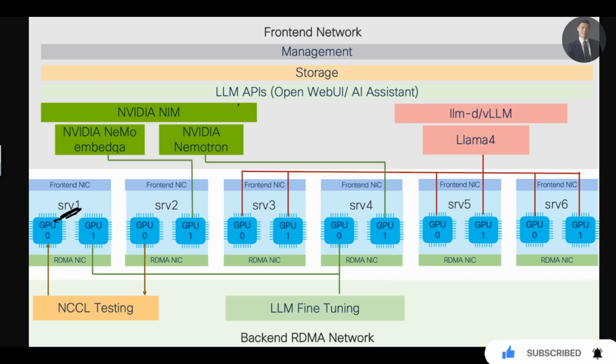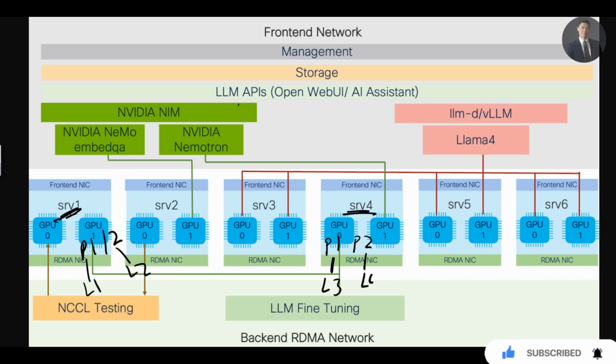Here, the ConnectX port 1 is connected to my leaf 1 and port 2 is connected to leaf 2. On server 4, I have port 1 and port 2. Port 1 is connected to leaf 3. Port 2 is connected to leaf 4, each on Ethernet 1.